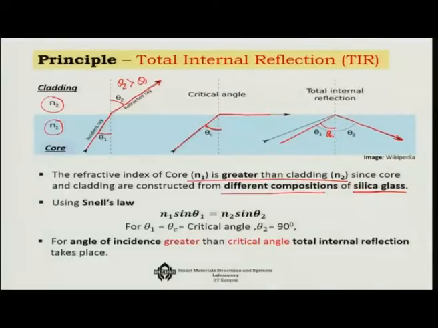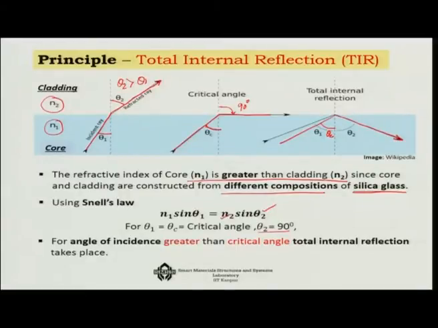Suppose I know n2, and theta 2 is 90 degrees, which is the case of the critical angle. Here this angle is known to you, that it is 90 degrees. So, theta 2 is known to me, and then I can find out theta 1 or I can find out n1, either of them.